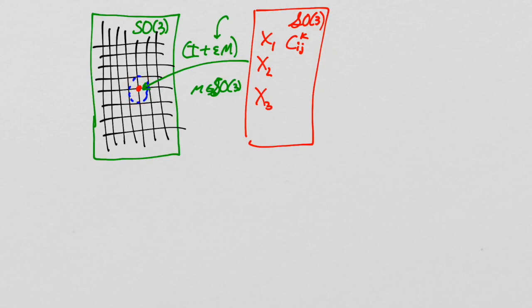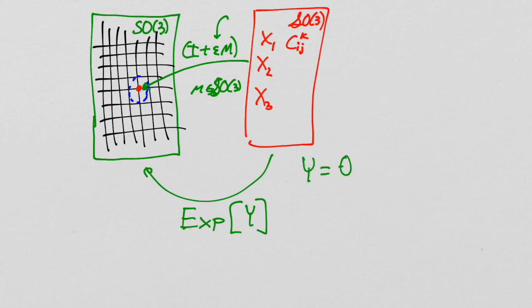So just as we did with SO2, the question is, wait a minute, we want to get throughout the entire group, right? There's this other map we need, the exponential map, which we'll write as exp, and I'll just put y, where y is some element of the algebra so(3). I guess we should write y is theta_i xi_i, right?